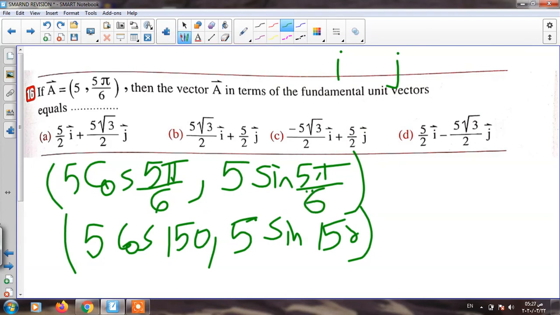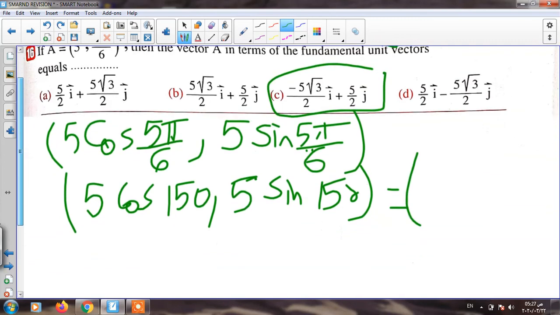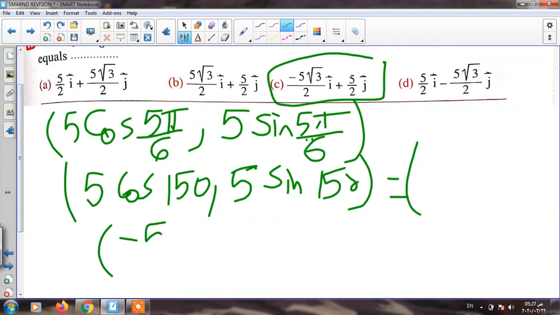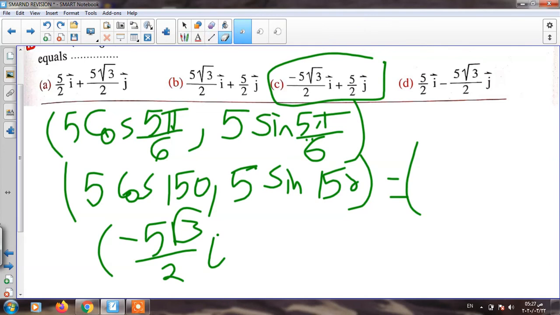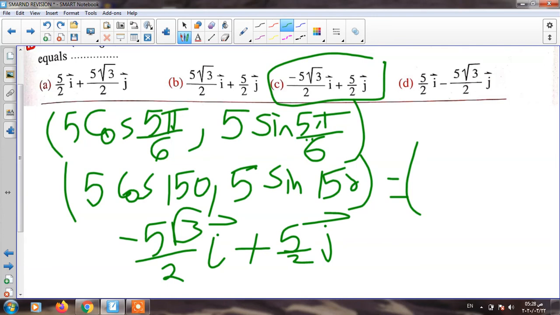Okay, this is going to be how many? The C choice is -5 root 3 over 2 i, we don't put brackets, we put i and j, and plus 5 over 2 j. This is our choice, question C.